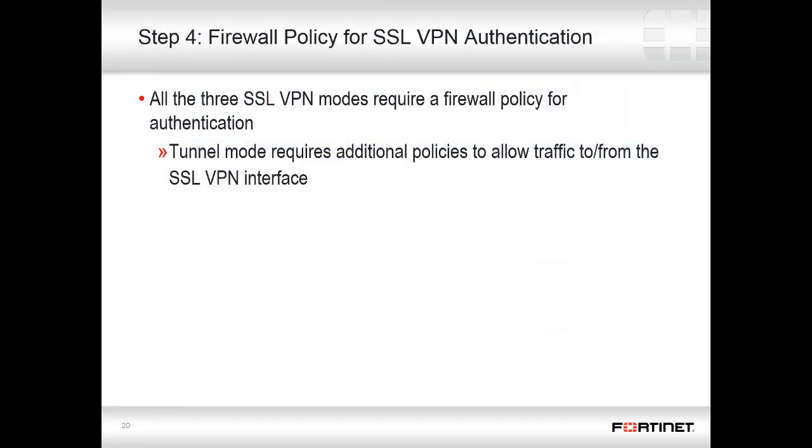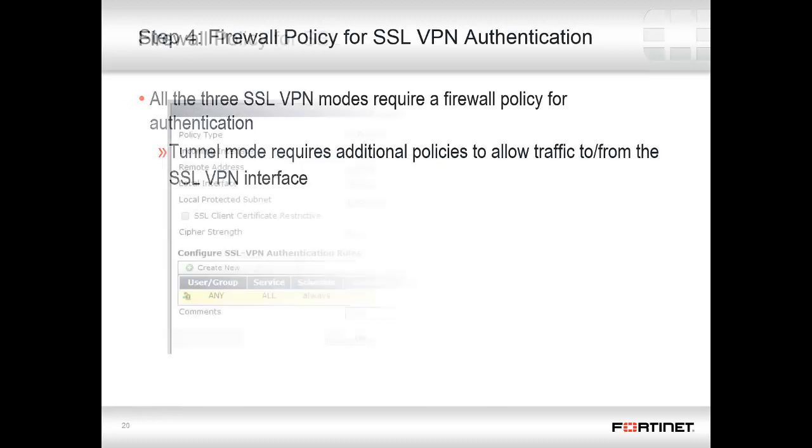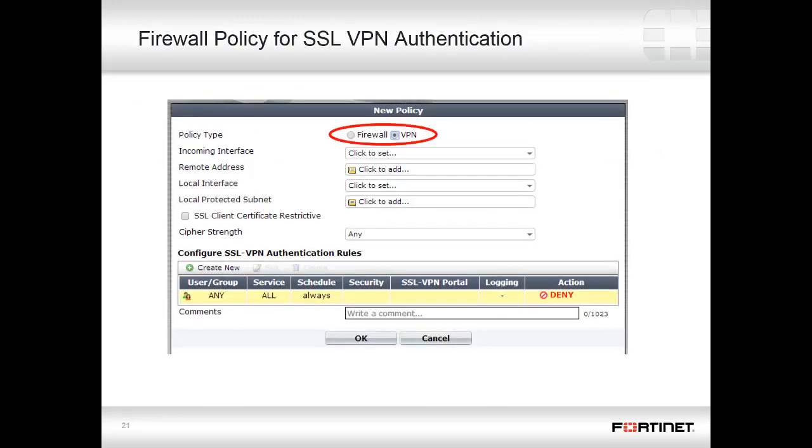Regardless of the SSL VPN mode, we need at least one firewall policy for SSL VPN authentication. This policy includes the user groups and which portal is going to be used for each group. When you configure the policy, the first thing is to select the type, which in our case is VPN.